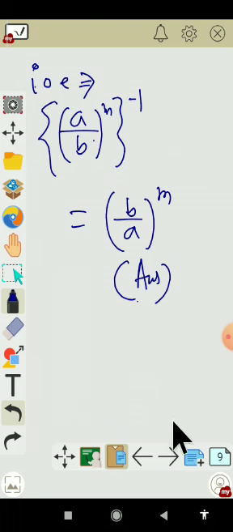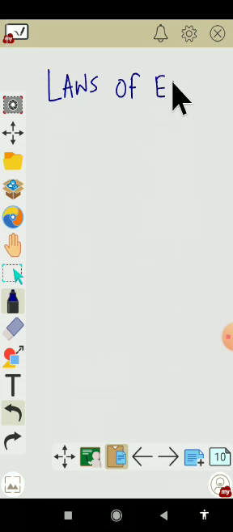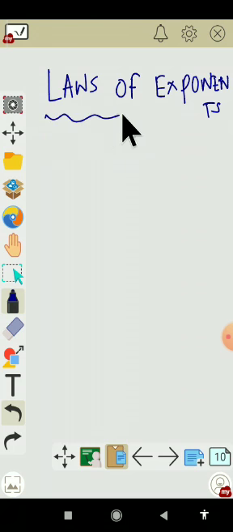Now we will learn some laws of exponents. So what are the laws of exponents?